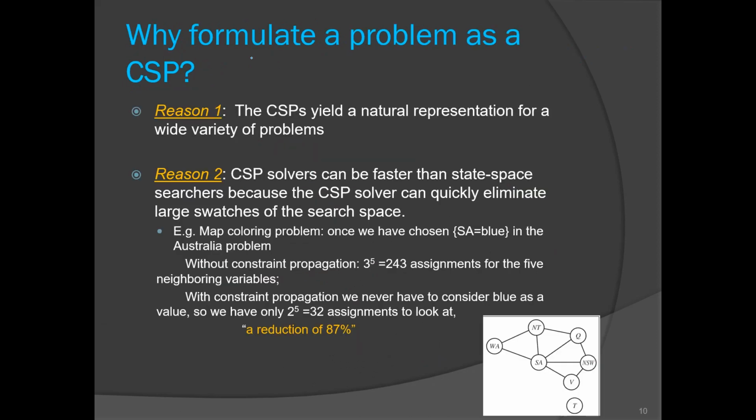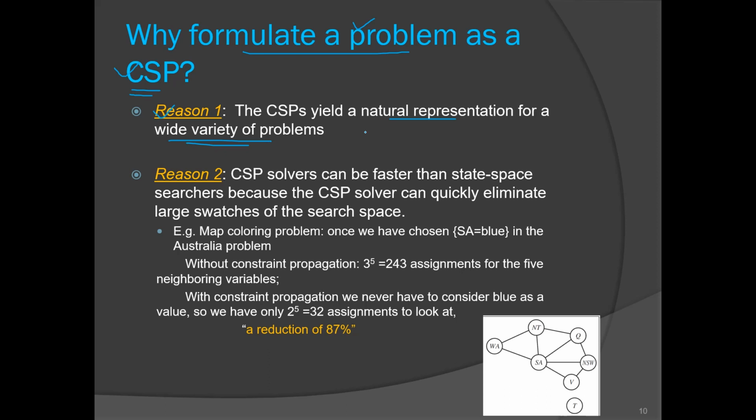Now, why formulate a problem as a CSP? What benefit do we get when we formulate a given problem in the form of CSP? Reason one is that CSP yields a natural representation for a wide variety of problems. Many real world problems can be formulated as a CSP. Consider the job scheduling problem, where we have to schedule a job.